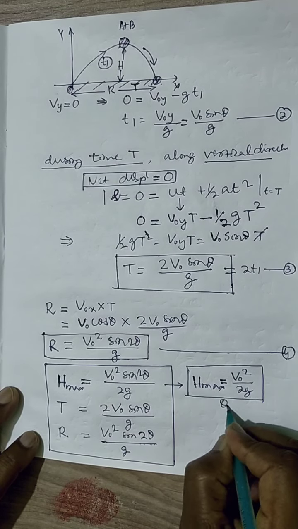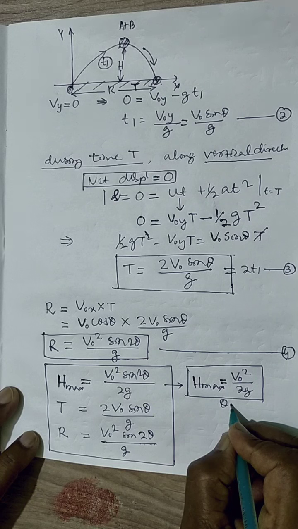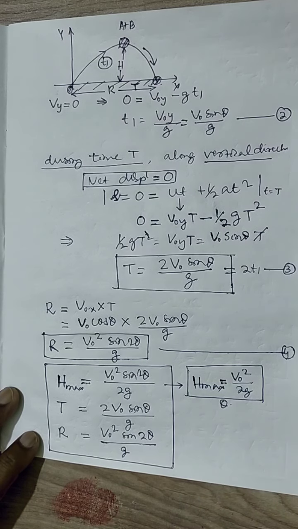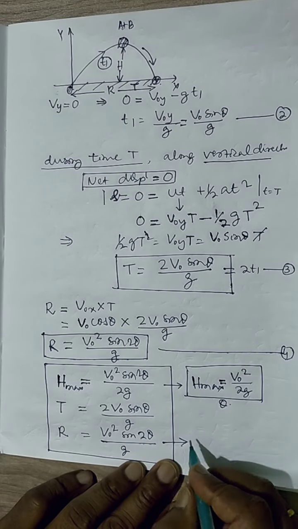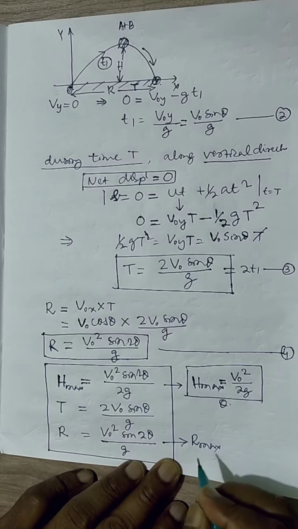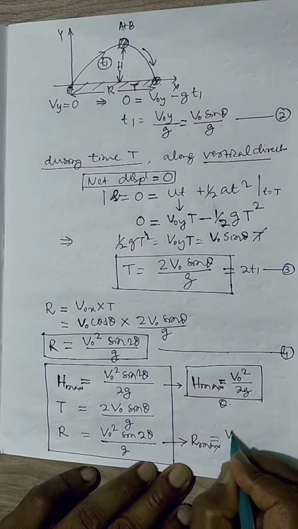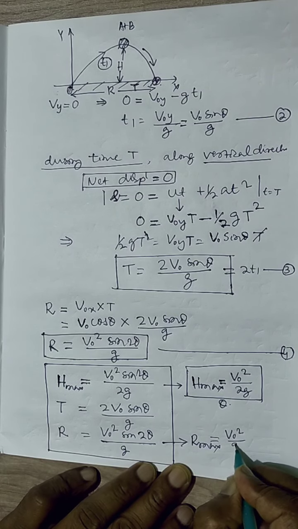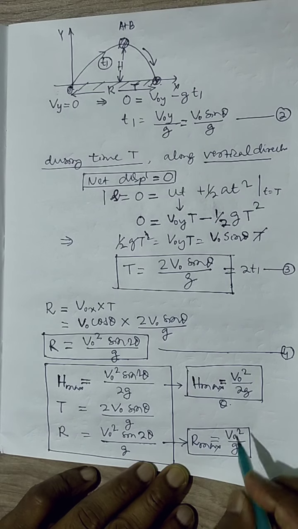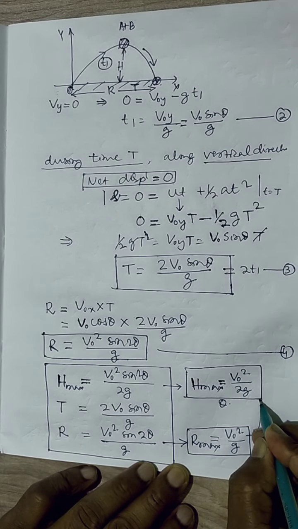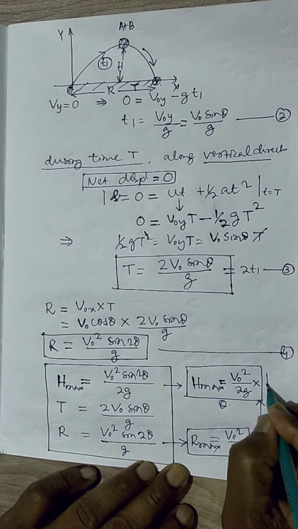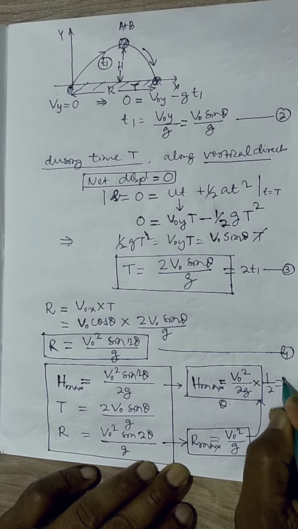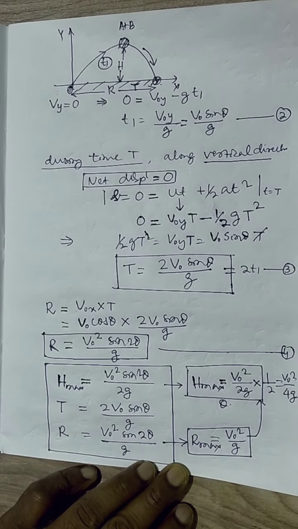In the case when theta is 45 degrees, that is the case of R max, and that value becomes v0 square by g, and the corresponding H becomes v0 square by 2g times 1 by 2. That value becomes v0 square by 4g.